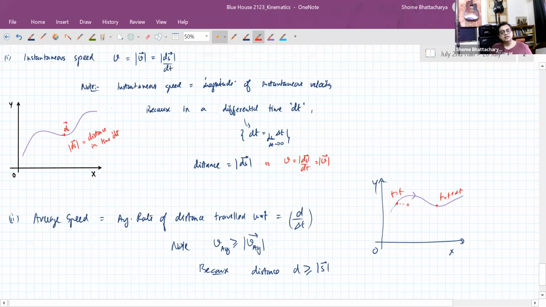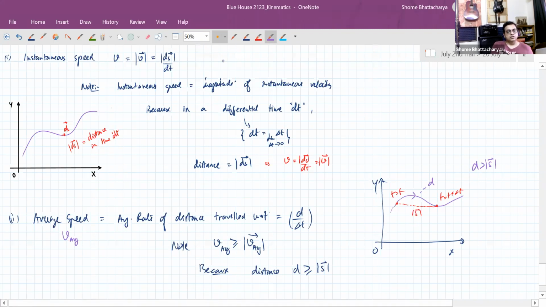This line that I've drawn is your magnitude of displacement, whereas this curved path from here to here is your distance. So distance is greater than the magnitude of displacement. That means your average speed is greater than or equal to the magnitude of average velocity. Again, equal only in the special case of motion along a straight line where the direction is not changing.